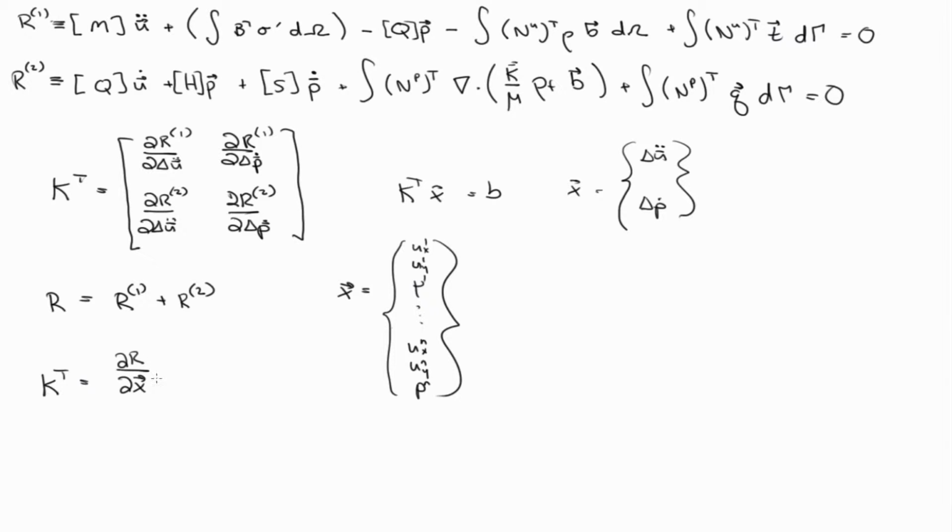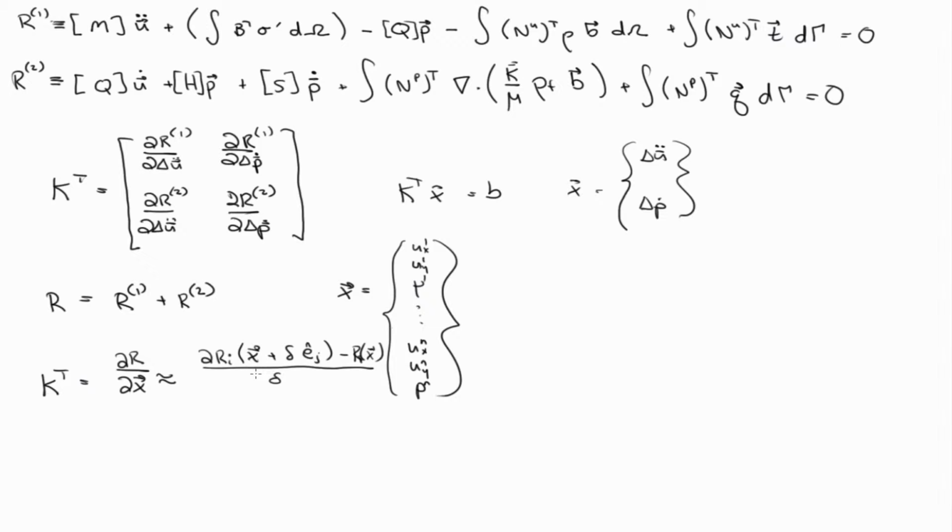Or if we do it via finite differences, it'd be like Ri of X plus delta Ej, minus Ri of X, over delta. So remember, the residual is a vector in this case.